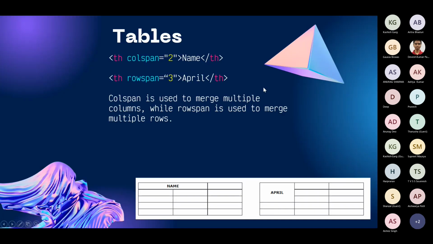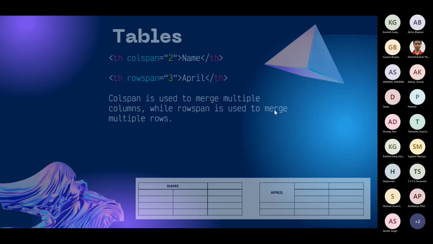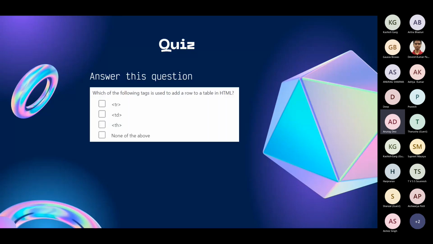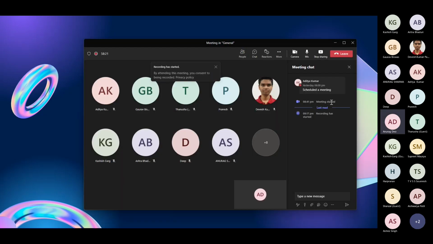So moving forward, again a question. Which of the following tags is used to add a row to the table in HTML? Anyone?